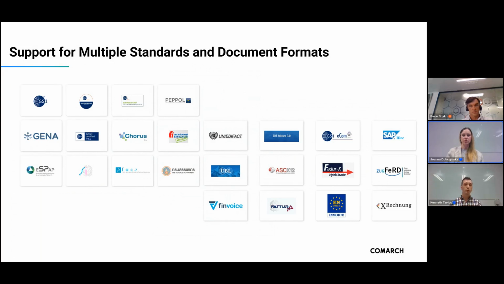There are also sector-specific organizations for industries like the automotive industry, as well as global formats. So you want a company that can support different formats, whether it's the formats in Germany or the formats in Poland. Having one provider that can do all of these is really helpful for your approach.